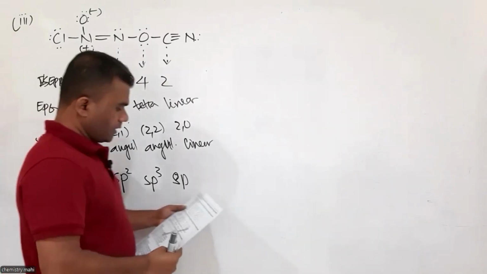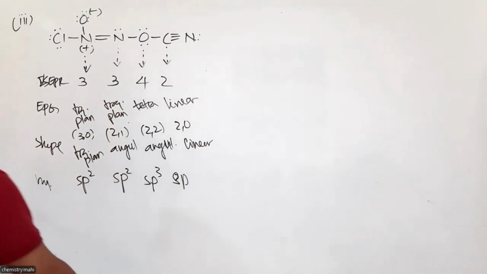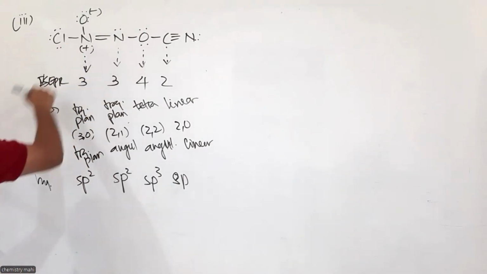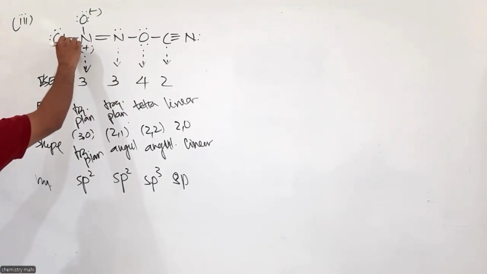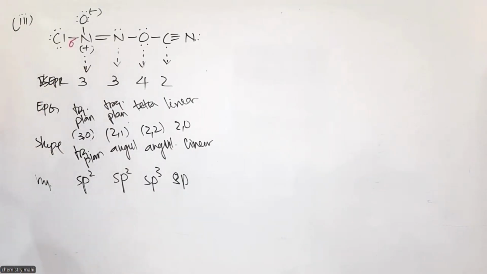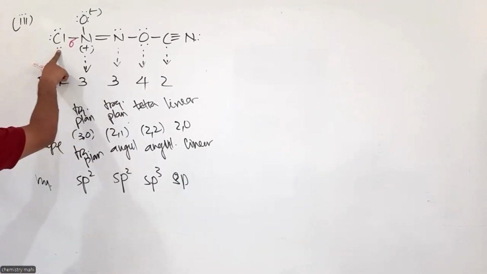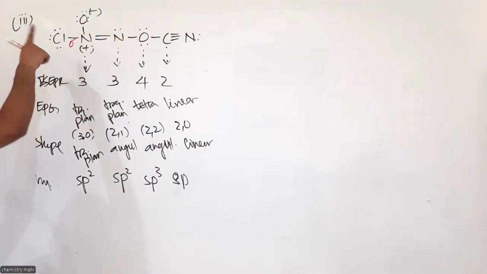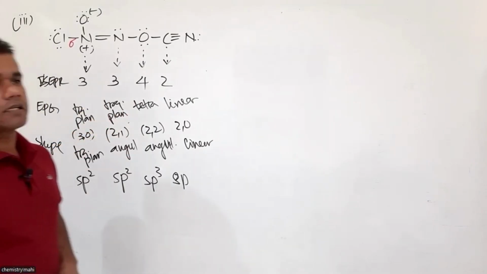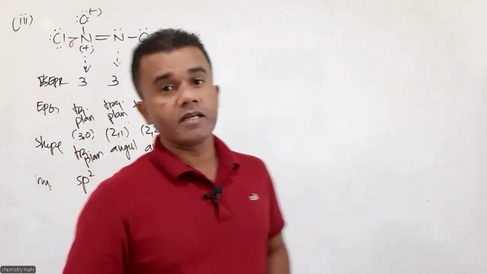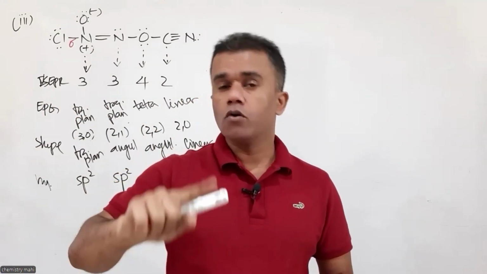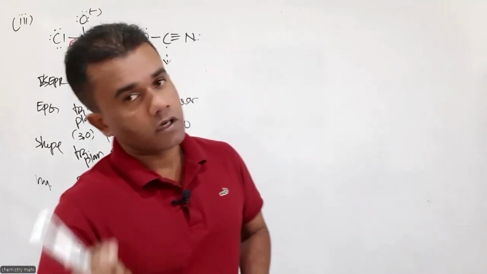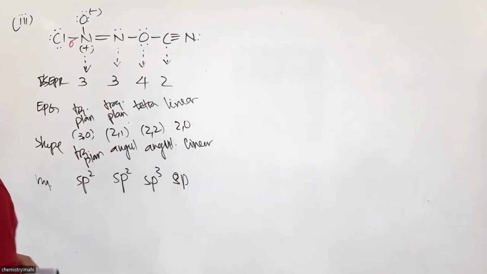All right. Then chlorine and N1. Chlorine N1 means this one. Then we are talking about this sigma bond. In the formation of this sigma bond, chlorine is terminal. If it is a terminal atom, not central, then you can consider either hybrid or unhybrid. You are safe either way.